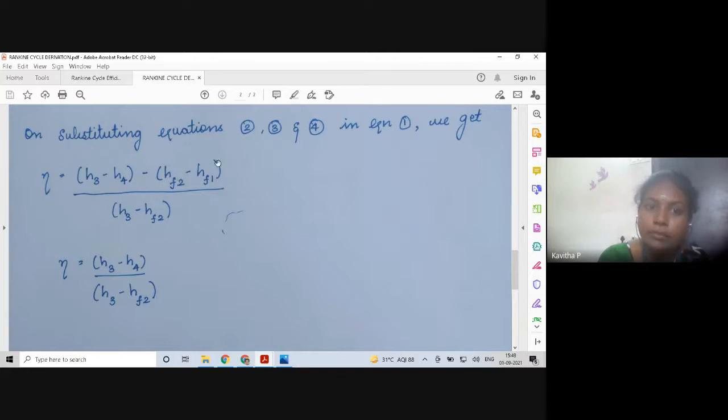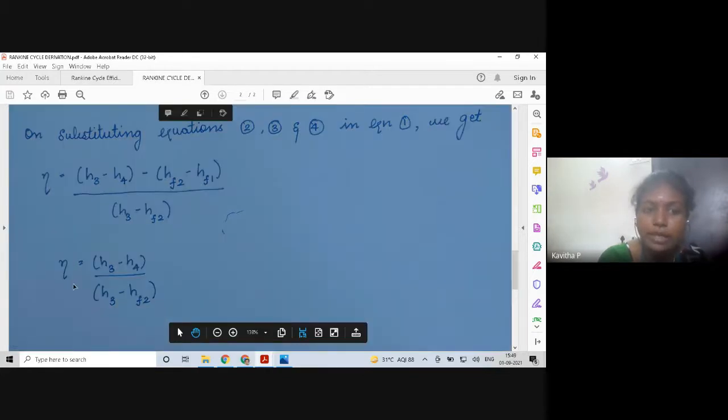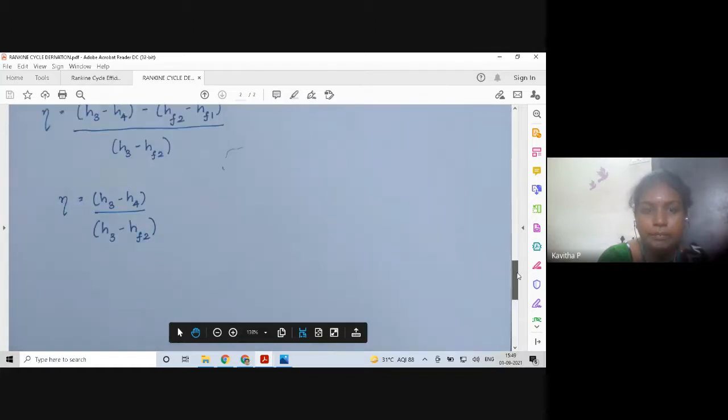So if the work done by the pump term is omitted, the efficiency equation will be equivalent to H3 minus H4 divided by H3 minus HF2, which is the work done by the turbine divided by the heat supplied to the boiler. So the efficiency of the Rankine cycle is equivalent to H3 minus H4 divided by H3 minus HF2. Is it clear? Thank you.